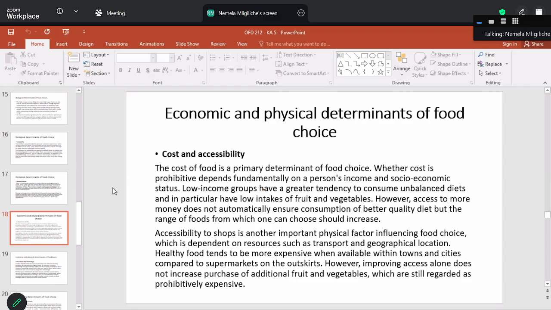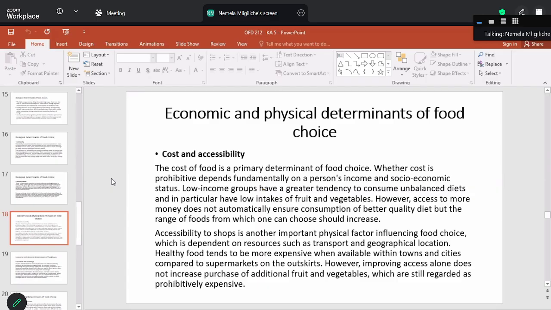If you've got a high income, you'll be able to purchase a variety of healthy foods, vegetables and fruits, which are very expensive. If you've got a low income, you will not be able to get these high density foods. You end up getting cheap types of foods which are less nutritious. So this depends on how much income you have.